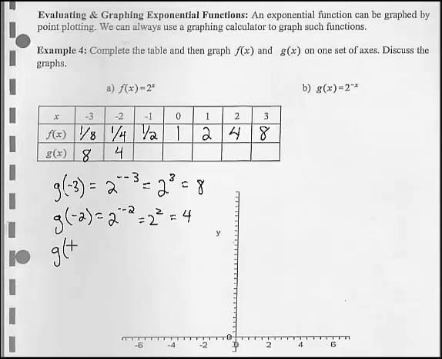Now we calculate g of negative 1. We get 2 to the minus minus 1, which is 2 to the first power, equals 2. And so we've sort of flipped our values with respect to the y-axis.